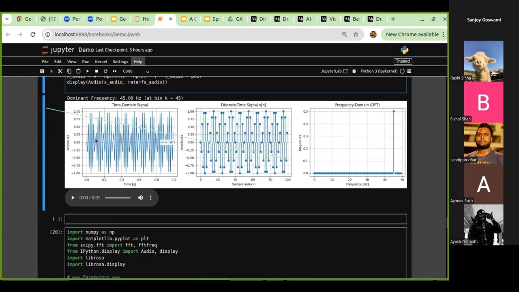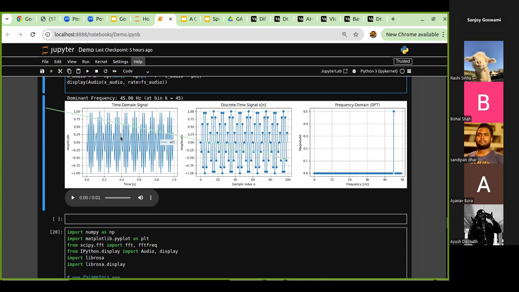We call this discretization. It gives a discrete representation of the continuous time signal. We have devices for this, the analog to digital converter, which does this.